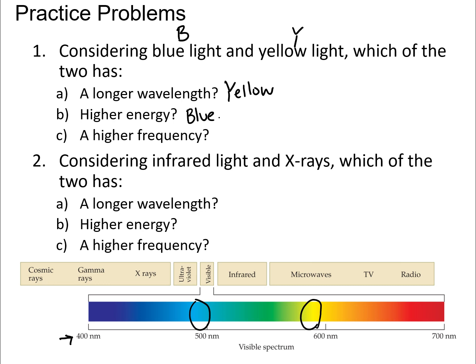Which one has a higher frequency? It's going to be blue light again. Higher energy, higher frequency, shorter wavelength. Now we'll do number 2. We've got infrared light and X-rays. You can put I or X. Which one has a longer wavelength?